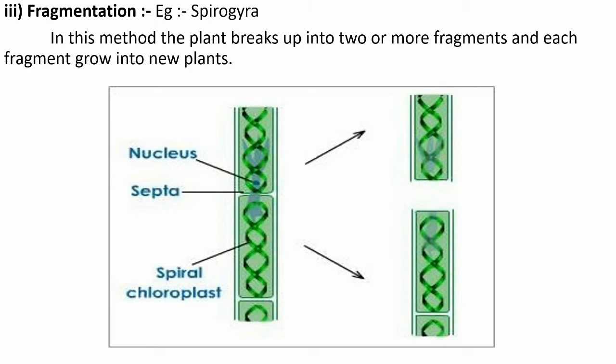For example, the Sporangium: when the plant grows to a point where it can no longer hold itself, part of it will break, and that part, which we call the fragment, will germinate and grow into an individual Sporangium.